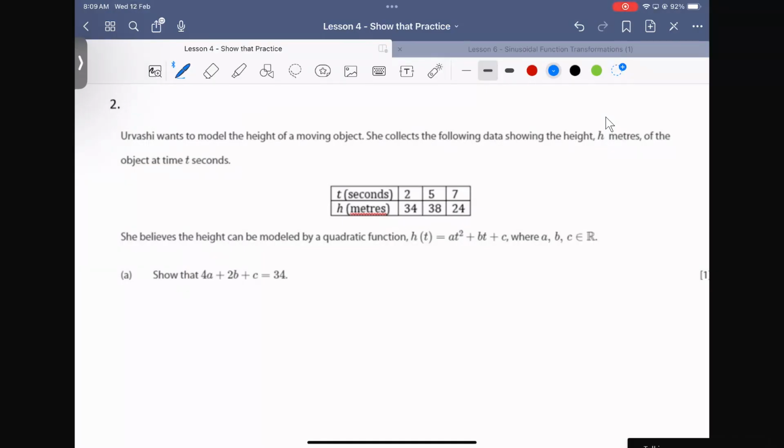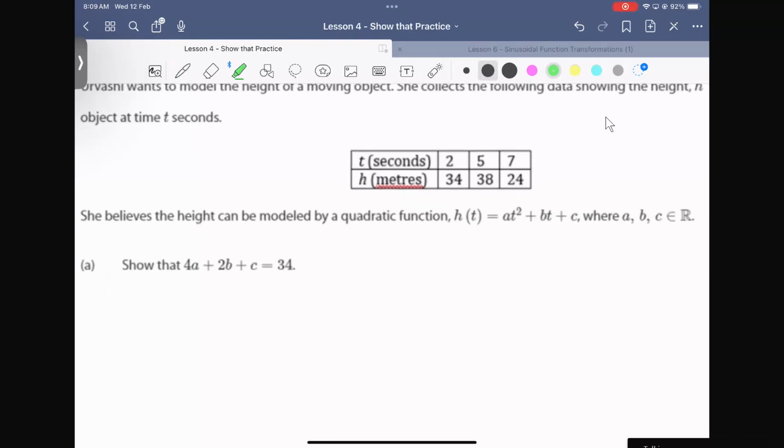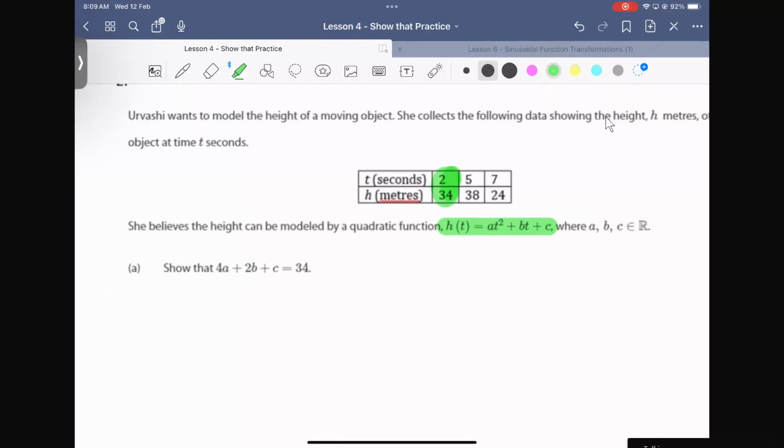Okay, so we need to show that this equation is true. So we have to figure out a little bit what this equation is about. And it won't take us too long to see that it looks a lot like this equation here. And more importantly, we've got a value of 34. So it's going to be this. We can use a left-hand side, right-hand side style proof again. So the left-hand side is equal to h of, and we're going to put in 2 as our value for t.